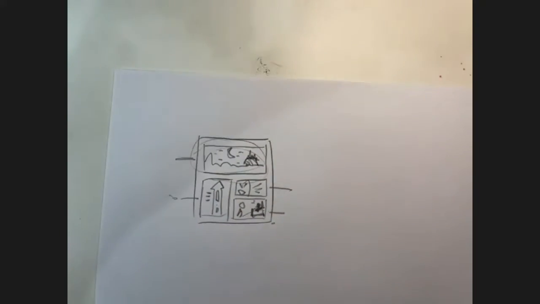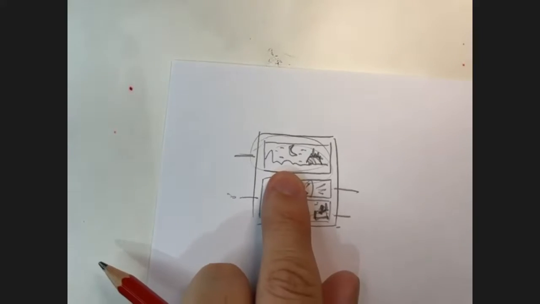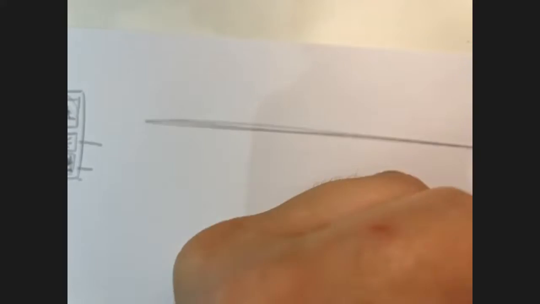So let's look at this first one here. I'm going to draw that bigger. You can draw this as well, a big rectangle. That's panel 1 of this story. There's a thing you may have heard of before, called the rule of thirds.